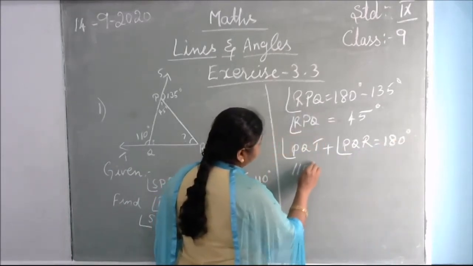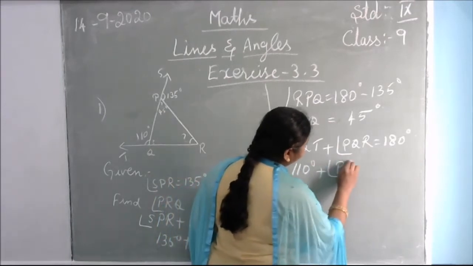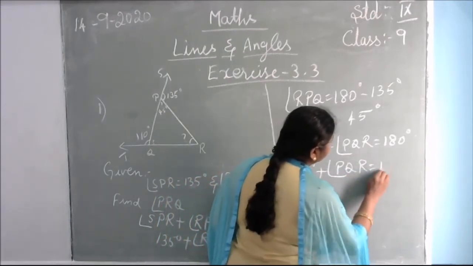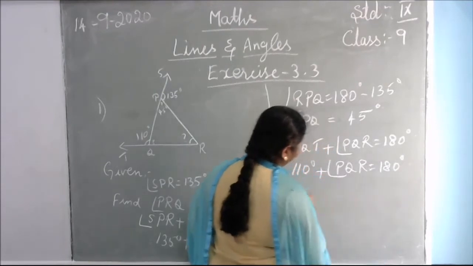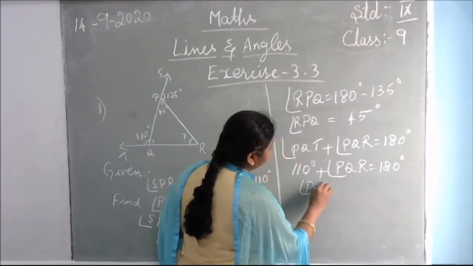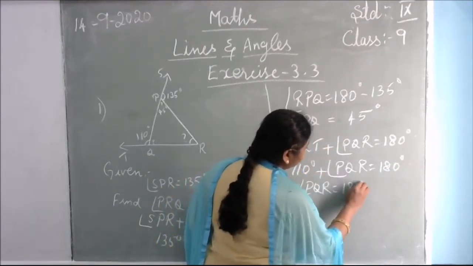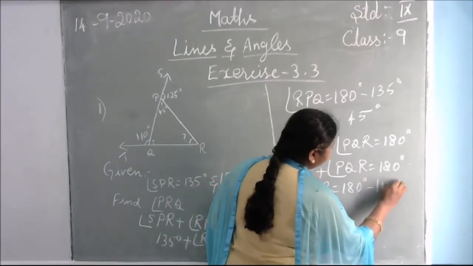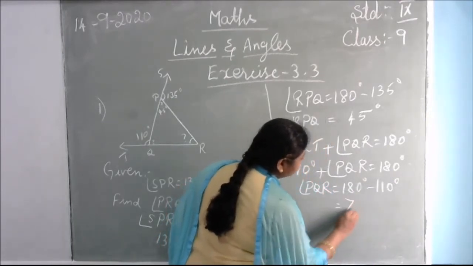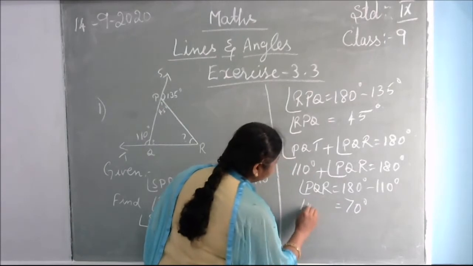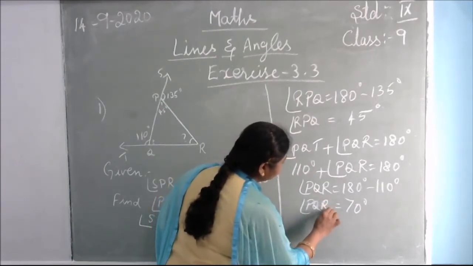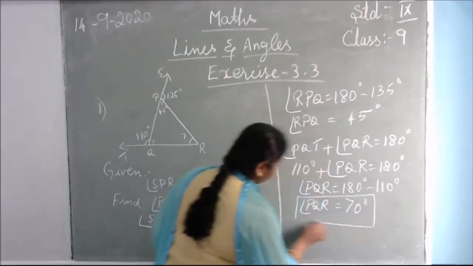This one is 110 degree plus PQR is equal to 180 degree. So angle PQR is equal to 180 degree minus 110 degree, equal to 70 degree. So angle PQR is equal to 70 degree.